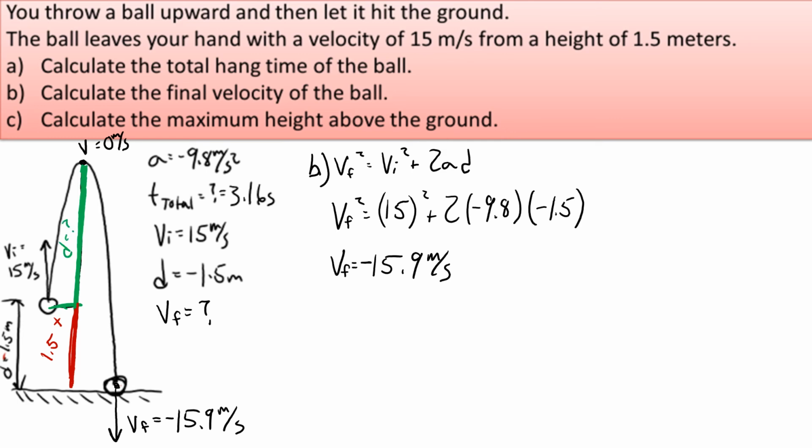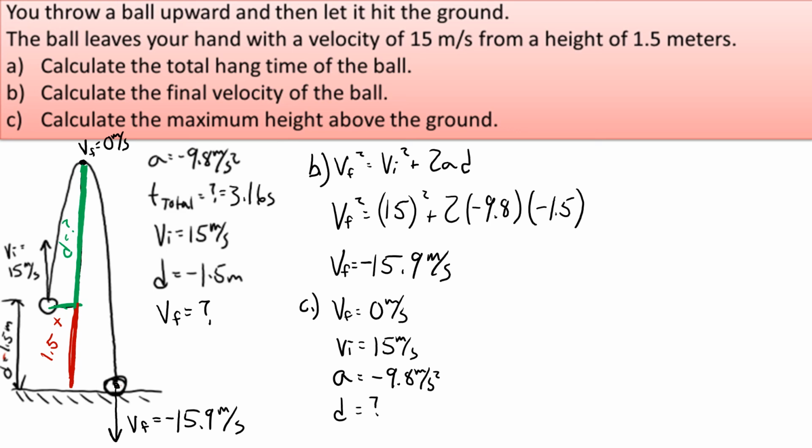Okay, so if it helps, write out your givens and your unknowns again. So we're going to make this VF equal to 0 meters per second because I'm looking at the first segment. VI is 15 meters per second over here. A is negative 9.8 meters per second squared, and we're going to look for the distance.